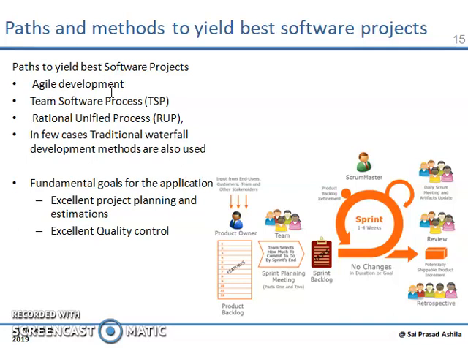In a few cases, the traditional waterfall development models are also used, as we discussed in military applications where the outcomes are not specified, and in aeronautics and space, in launching the space shuttle. The fundamental goals for these applications are to have excellent project planning and estimation and excellent quality control.